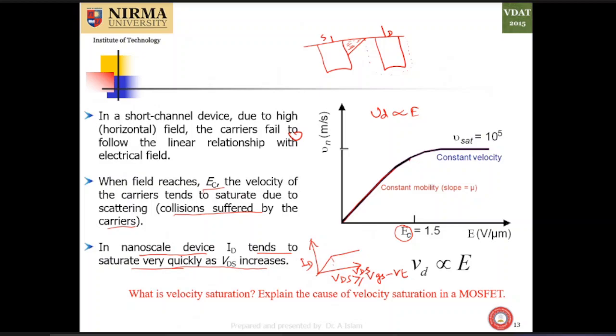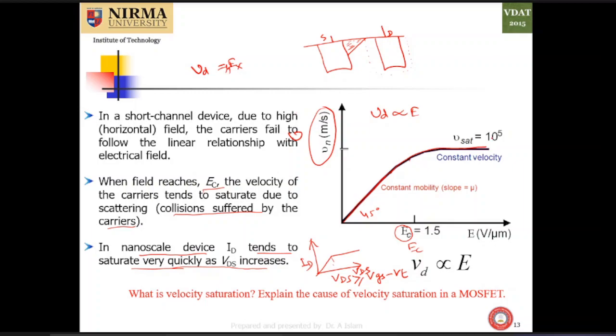But after the electric field reaches a certain value, say EC, here it is written 1.5, the carrier is not able to cope up with the electric field. It is going to saturate the drift velocity.